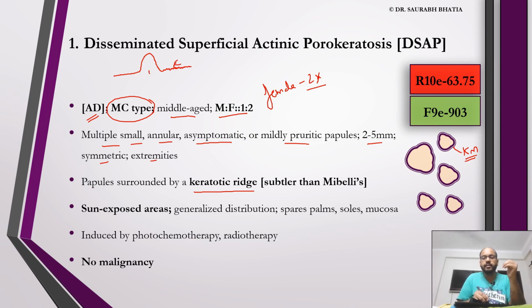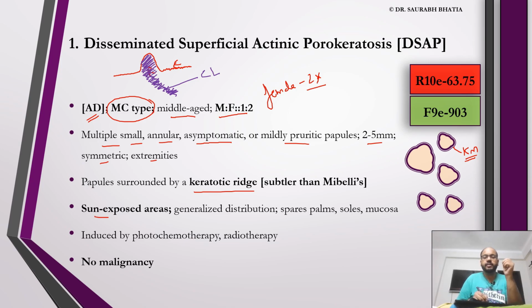So this is the center and this is the ridge, the raised part. If you're biopsying a porokeratosis, you always have to take the biopsy from the margin. This ridge is the place where you have the oblique column of parakeratotic cells known as the cornoid lamella. Clear? So let's move forward.